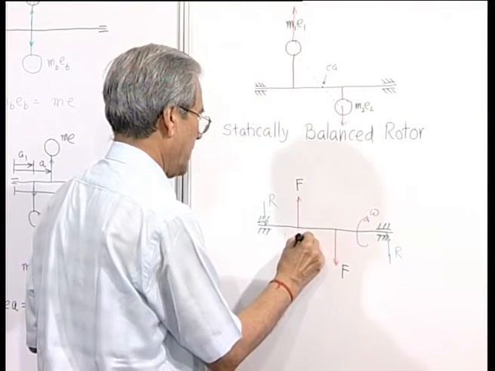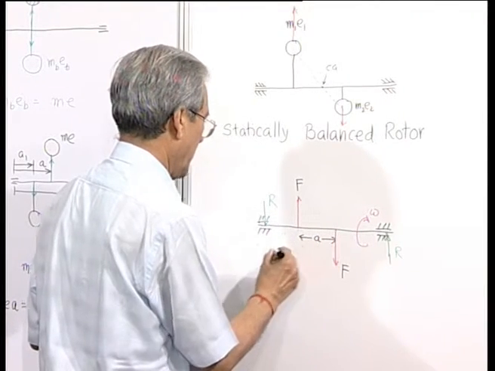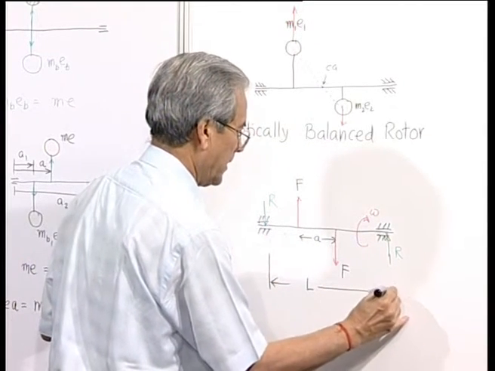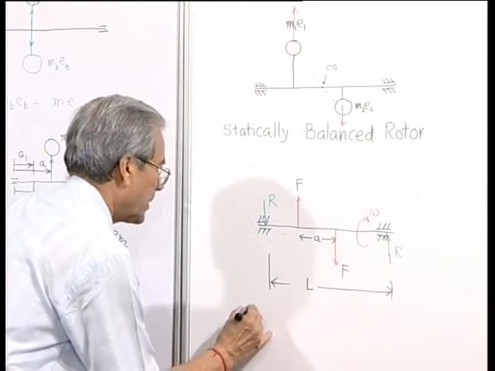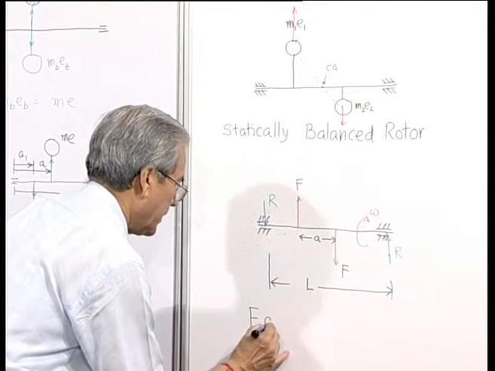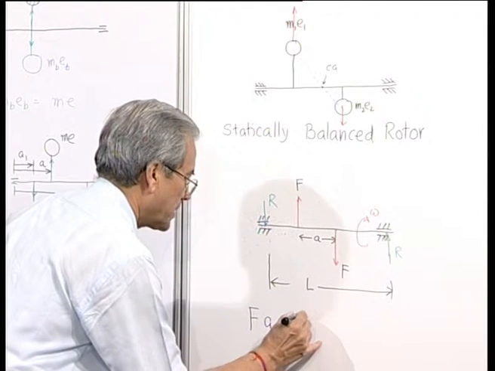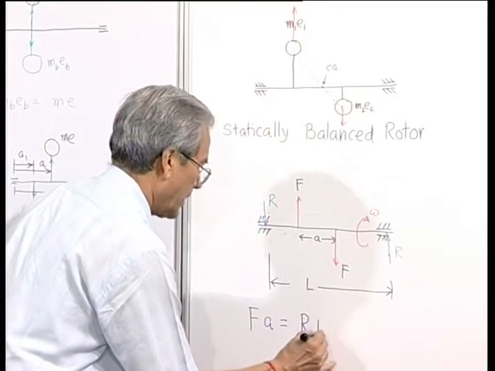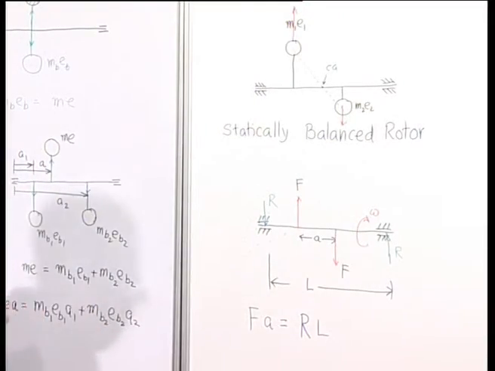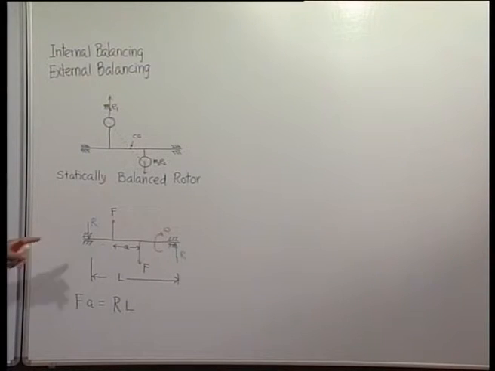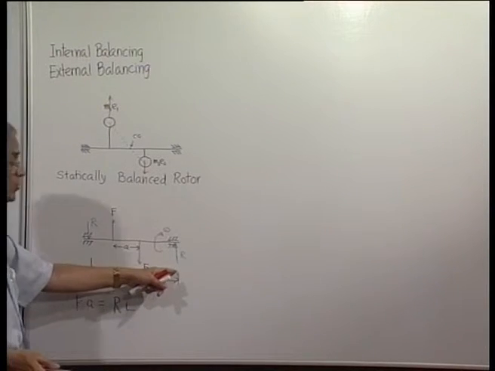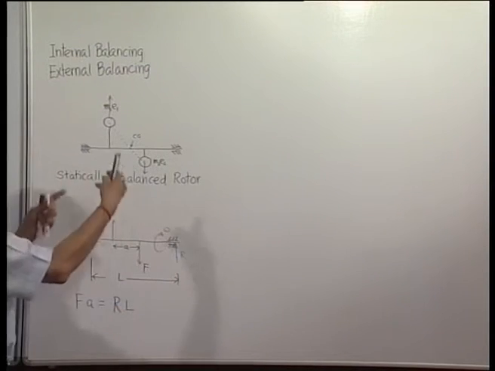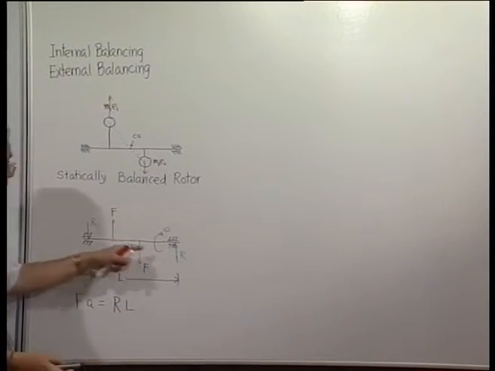and this is A, and if this is L, then F into A, this couple must be balanced by the couple produced by the bearing reactions R into L. But nevertheless, we find the bearings are subjected to two forces which also rotate along with the rotor, and therefore, these are dynamic forces.